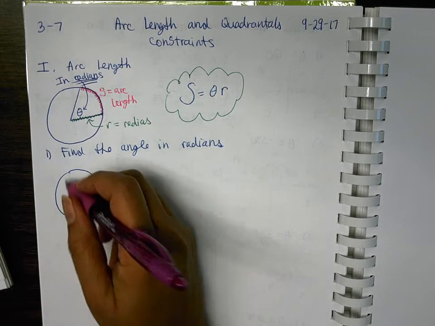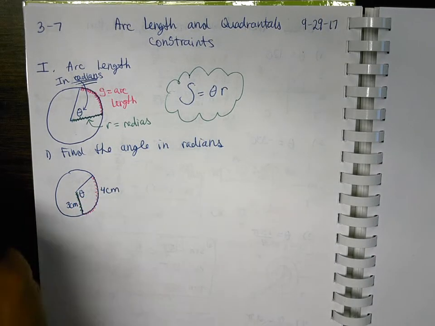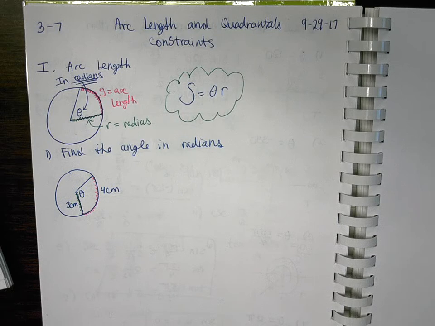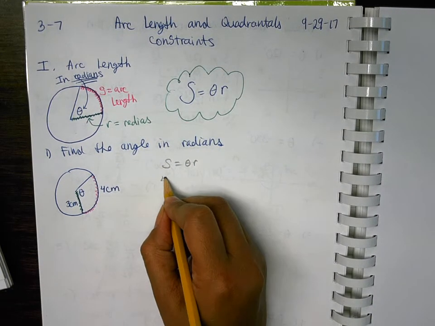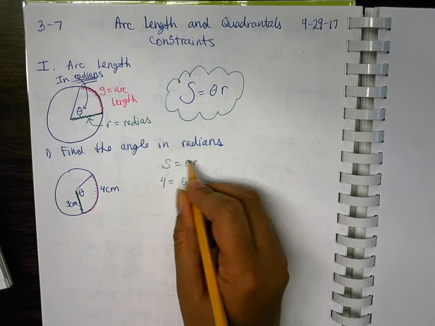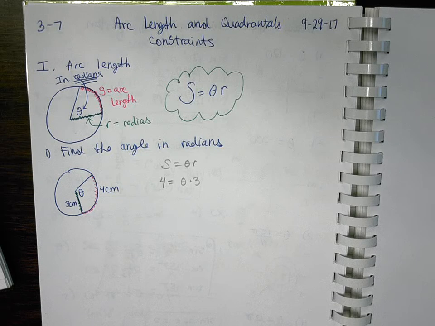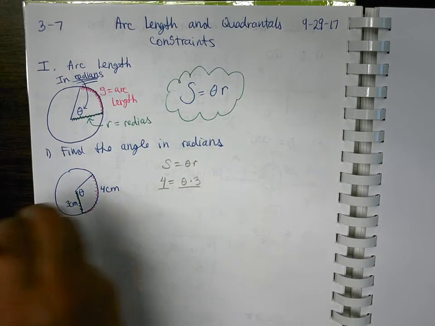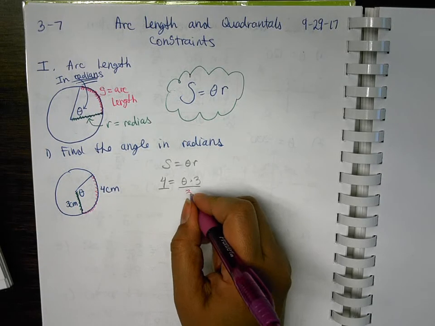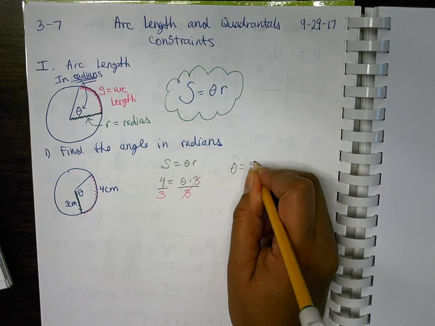Arc length, okay. And then 3 is representing the what? The radius. So you plug it into your formula. Let's write the formula down first. S equals theta R. S is 4. Theta we're looking for. And R is 3. What do I do with the 3 to solve for theta? Divide by 3. And what does theta equal? 4 over 3. And it is radians.